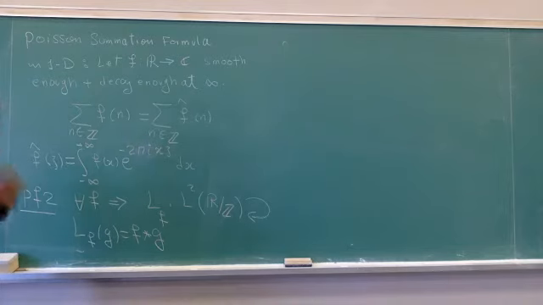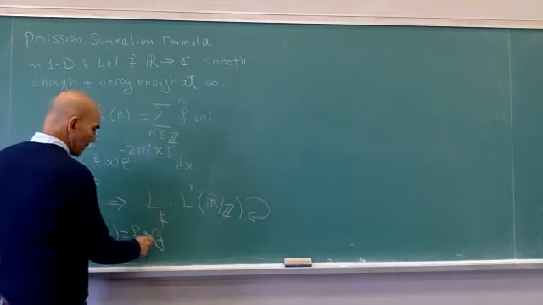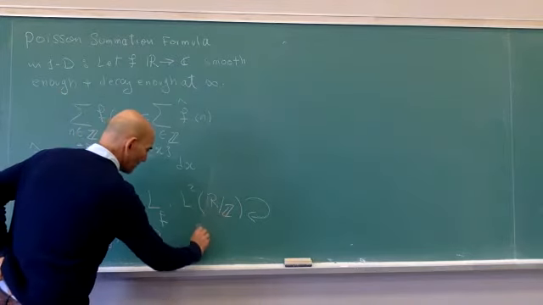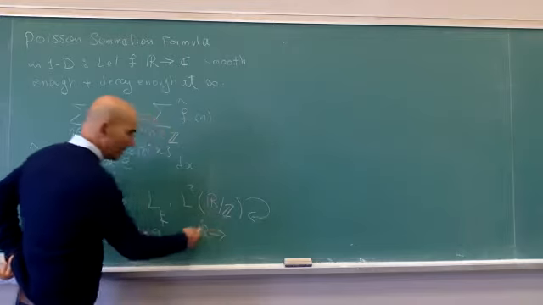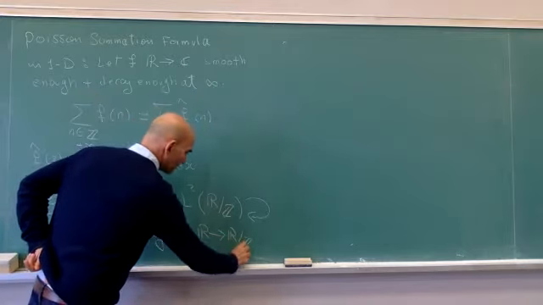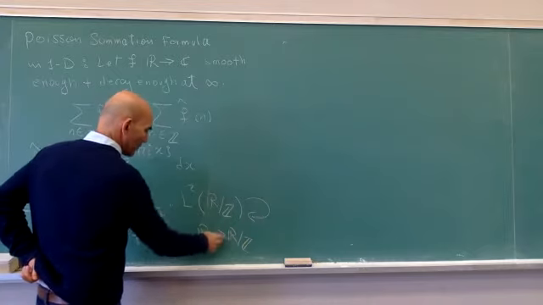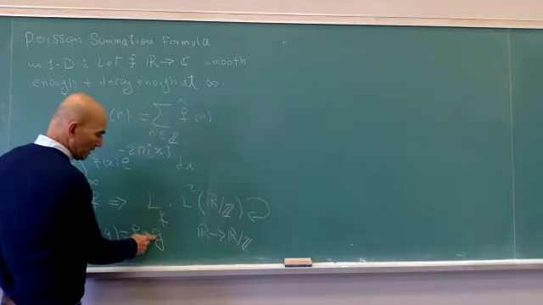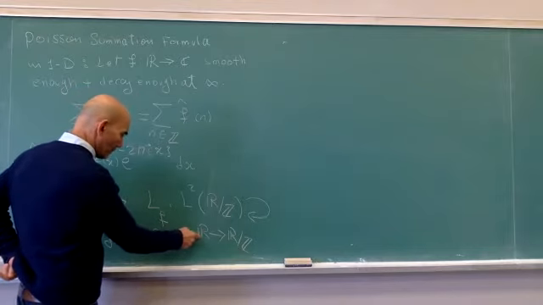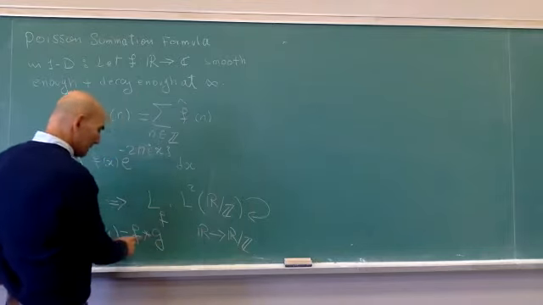Now you have to worry about something, because this g is defined on the quotient, but that's okay. You compose it with the projection map and you get a periodic function on R. So now you can think of g as a function on this big group R, and then this is the convolution.